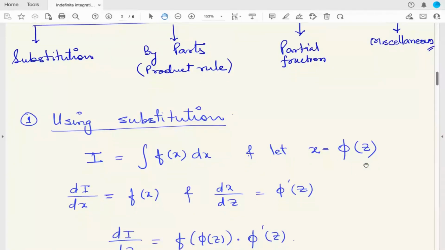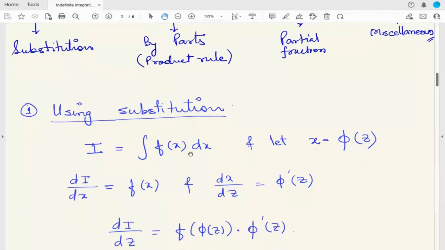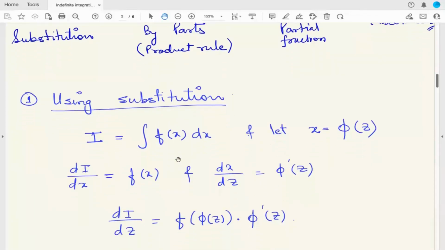And when we substitute in our integrand here, we get f, and what is the value of x here? We substitute x is equal to phi(z). So f(phi(z)), and what is the elementary element dx here? The elementary element dx is equal to phi dash z dz if we cross multiply here.